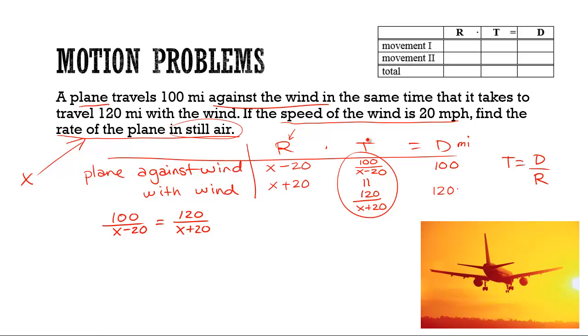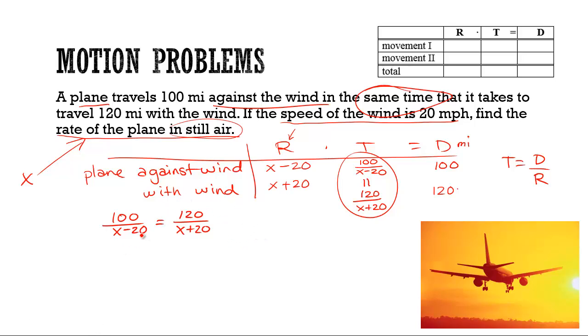Notice that both examples here I've provided have equivalent times, but you could have had the same problem with a statement that says not the same time, but a total time. And so then you would say this plus this equals whatever the total time is. But that's not the case here.